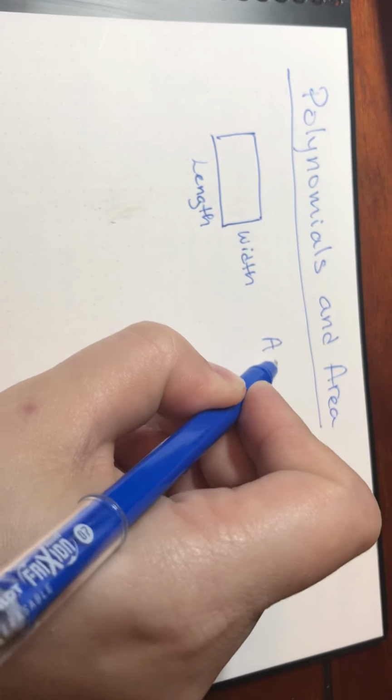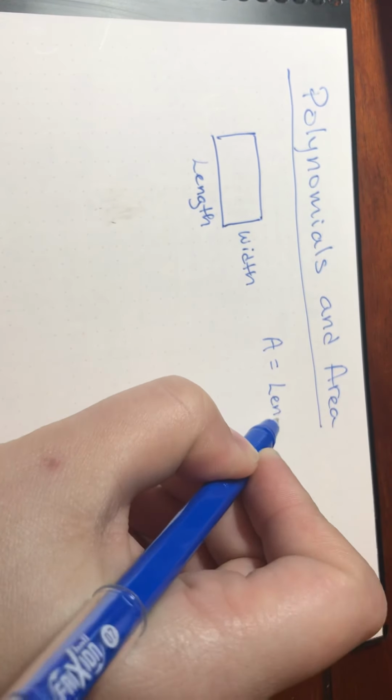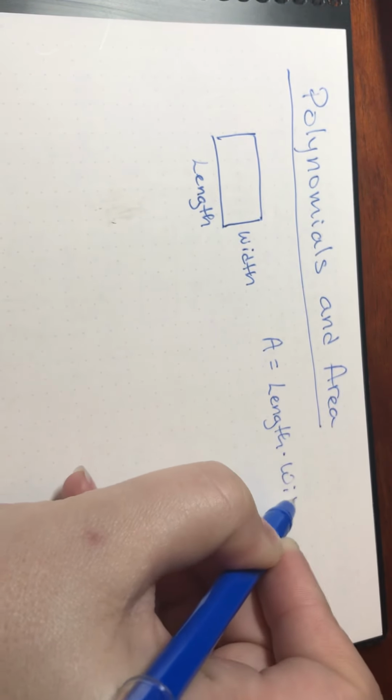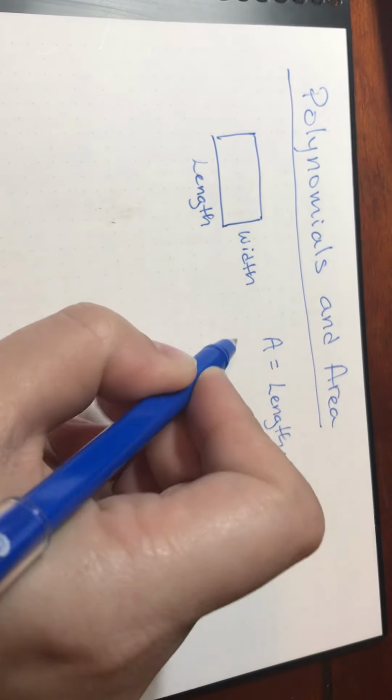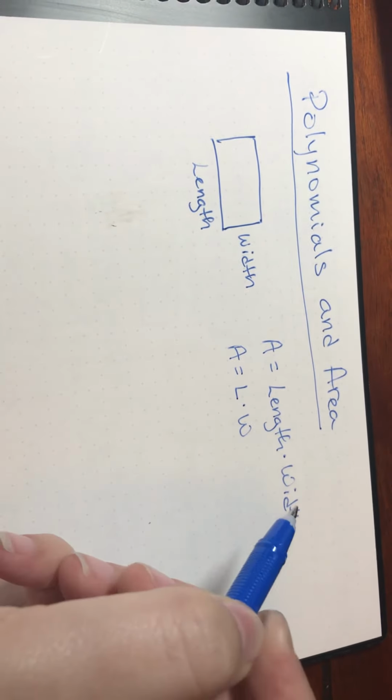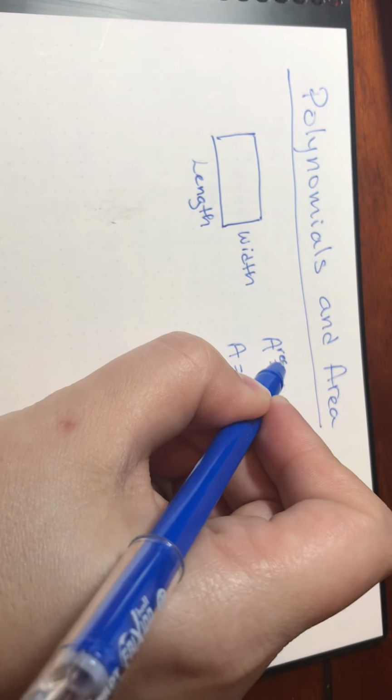So area equals length times width, or sometimes we just say A equals L times W. Okay, this is area.